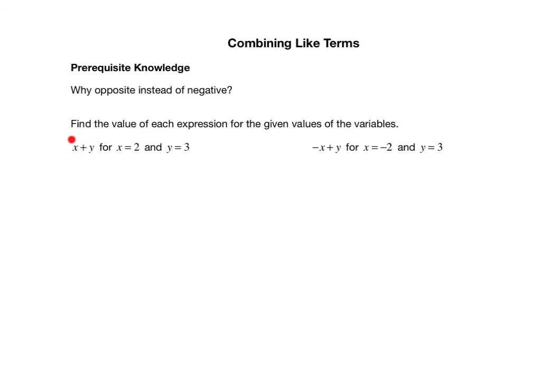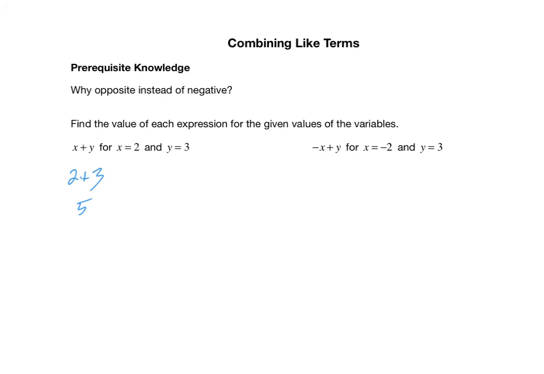So we have the expression x plus y, and we want to consider what this expression is equivalent to when we have x is 2 and y is 3. So if we actually plug those numbers in, you've got 2 for x, then you've got that addition sign there, and you've got 3 for y, then clearly the sum x plus y is exactly 5 when x is 2 and y is 3.